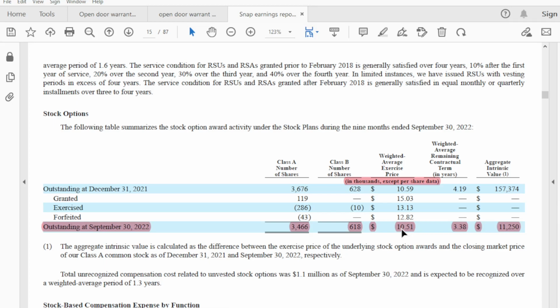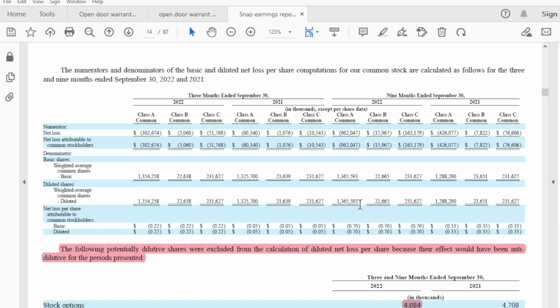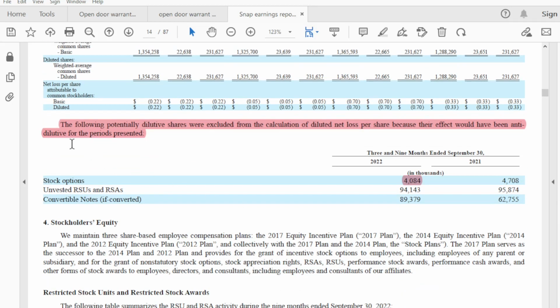Now, let me just show you guys one more thing. We're going to look at page 14. Let's go ahead and read this line right here. It says the following potentially dilutive shares were excluded from the calculation of diluted net loss per share because their effect would have been anti-dilutive for the periods presented.